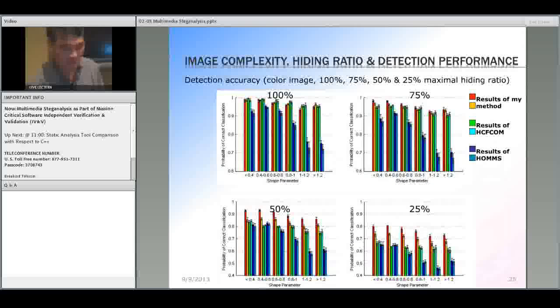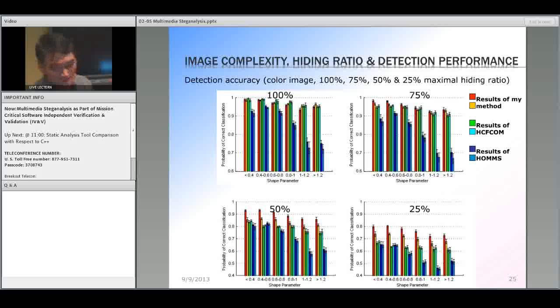This is another bar chart representation of a similar result. The 4 groups show different hiding ratios. The chart on the lower right shows a very low hiding ratio, which becomes extremely difficult to detect anything in it. And within each chart, as we move from the left to the right, the image complexity increases.